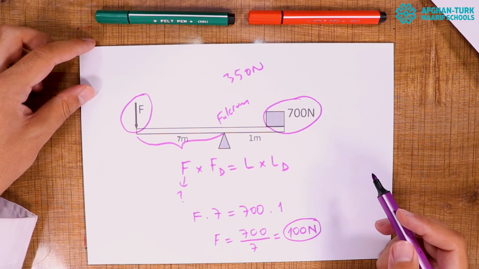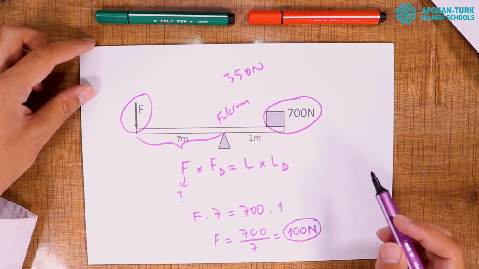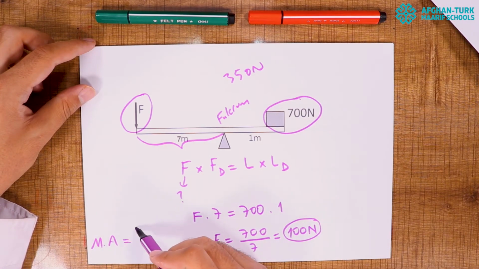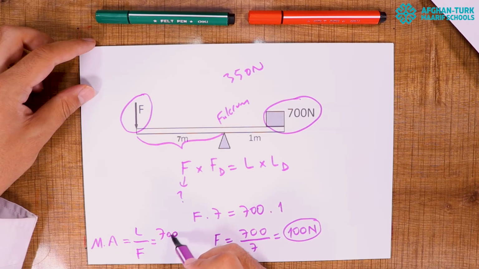So let's calculate the mechanical advantage here. Mechanical advantage is always equal to load divided by the force. And load here is 700 and the force I applied was 100, so that's equal to 7. It's better if the mechanical advantage is increased.